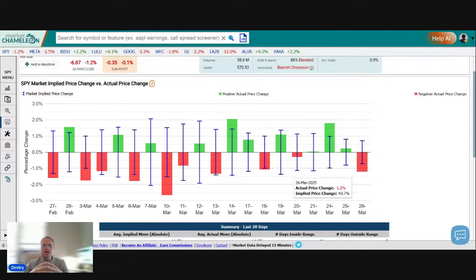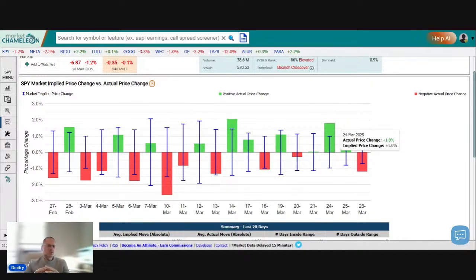We also see that the stock had quite a few moves that exceeded the straddle. Here, on March 24th, the stock was up 1.8% while the implied move was 1%, so it exceeded it by 0.8%.